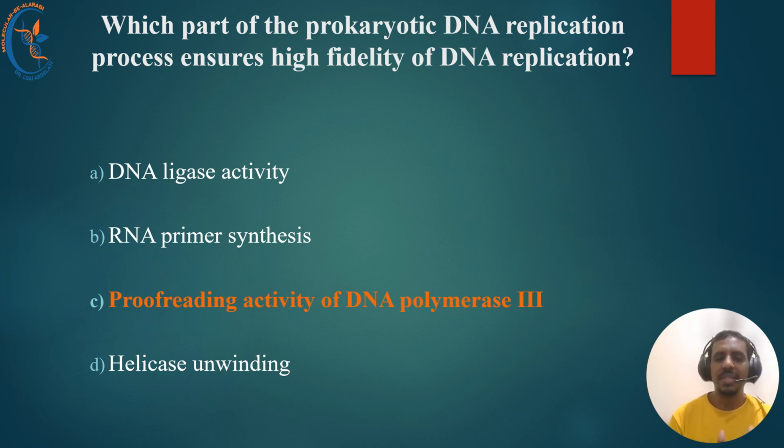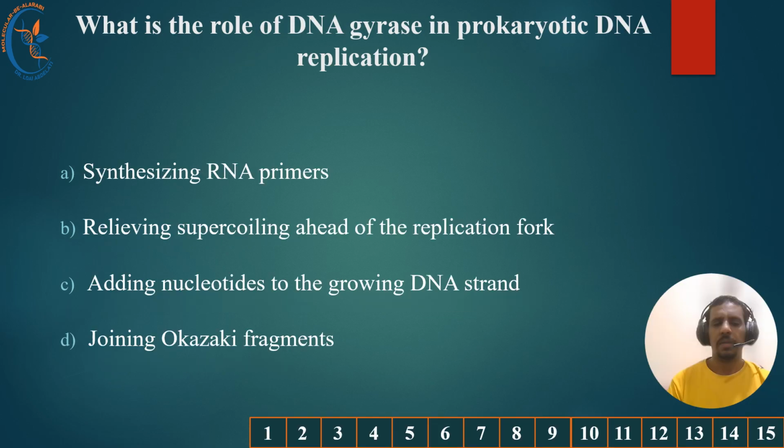This enzyme possesses a 3' to 5' exonuclease activity, allowing it to remove incorrectly paired nucleotides and replace them with the correct ones during DNA replication, ensuring high fidelity. All right, let's move on to the next question.